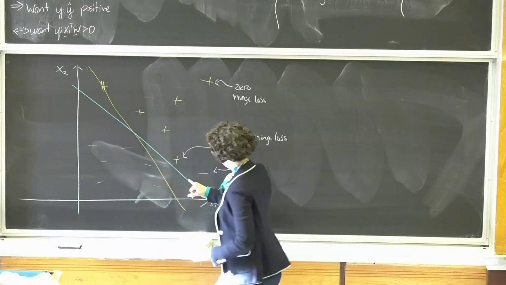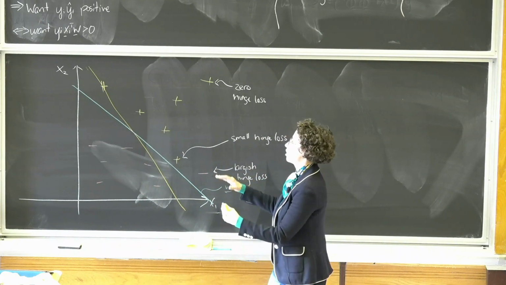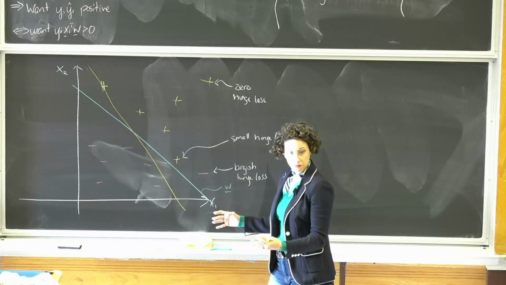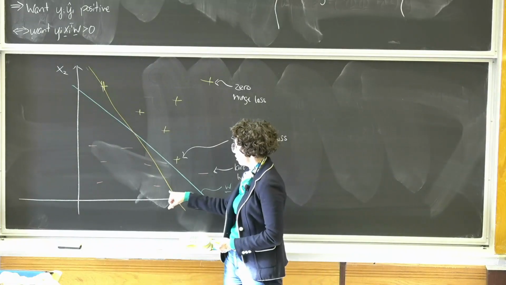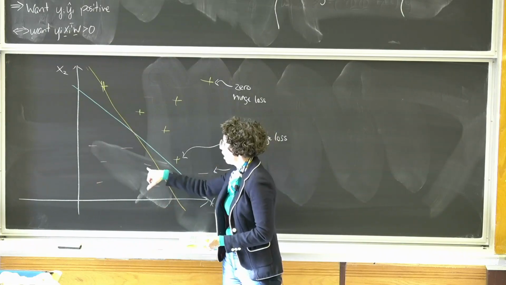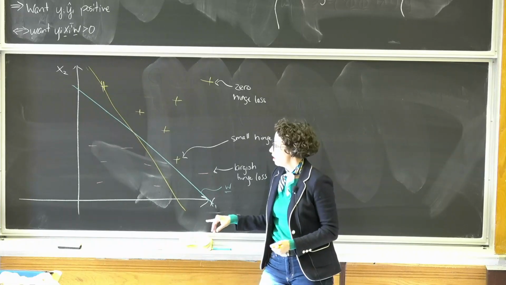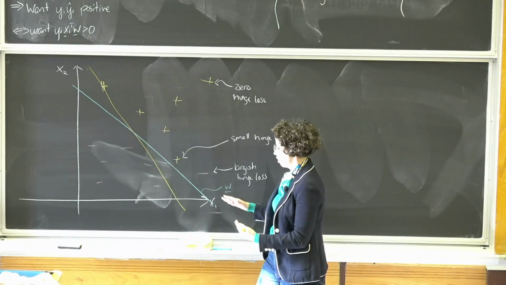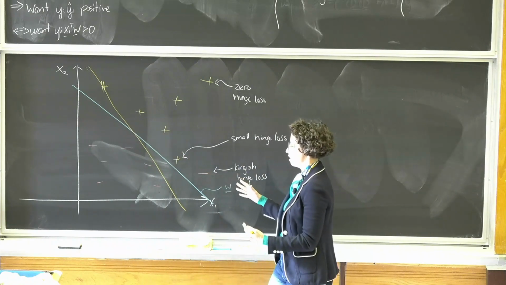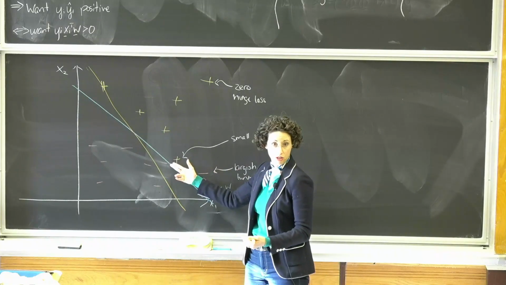So the blue and the orange lines are both classifying all points except one totally correctly. But we could argue that this orange one is much more susceptible to errors because a lot of the points are just barely on the correct side of the decision boundary. And so when we work with hinge loss, we're saying we really want a loss function that not only correctly classifies as many points as possible, but which also classifies them correctly by a large margin.